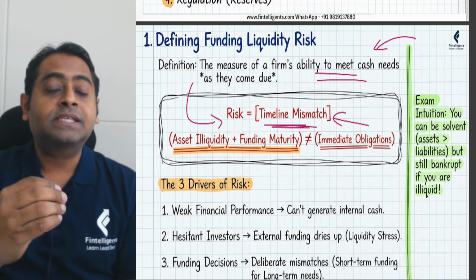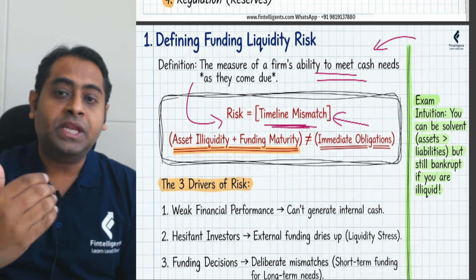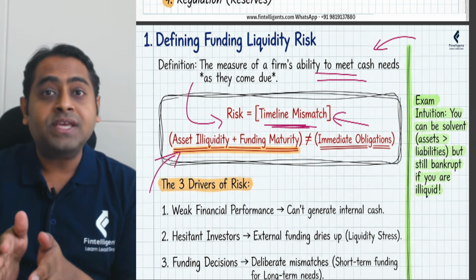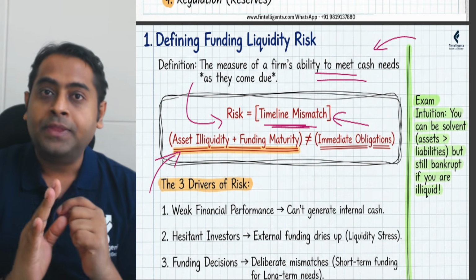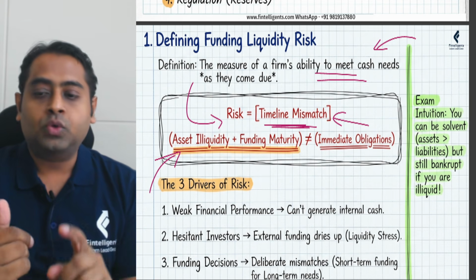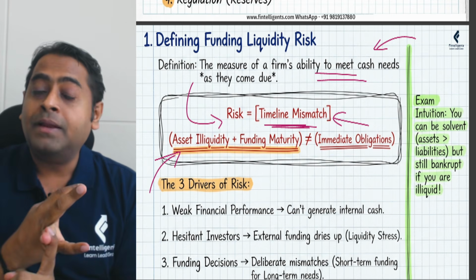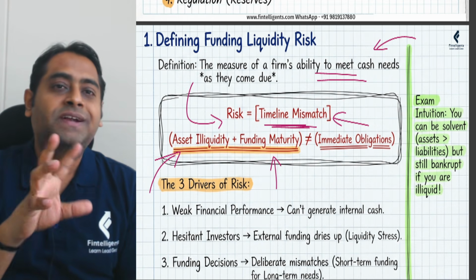Second, and this is also one of the major reasons, which has been the case study requirement, is asset illiquidity. I have the asset available, but I cannot convert it into cash immediately, and because of which I'm not in a position to pay back the amount. So there could be an asset liquidity issue, there could be a timing mismatch issue. Further, the funding maturity. What is funding maturity?